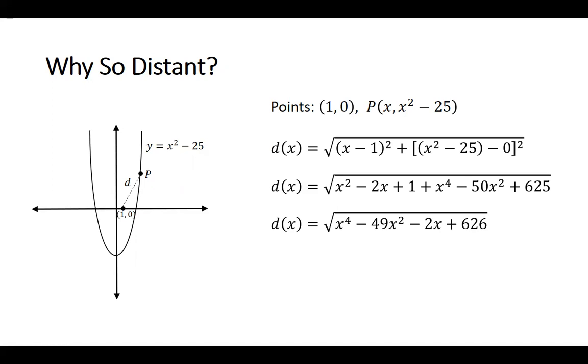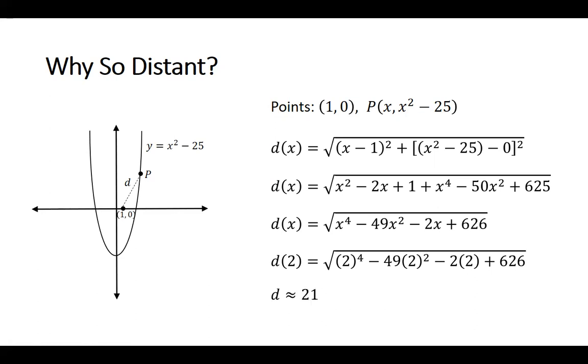Now we want to say, well, what happens if we set x equal to 2? What is the distance between the point on the parabola and the point (1, 0)? So we make d of 2, substituting in 2 everywhere we had an x, giving us the square root of 2 to the 4th minus 49 times 2 squared minus 2 times 2 plus 626, which after we go through those simple multiplications and the square root, we find out that the distance is approximately 21.